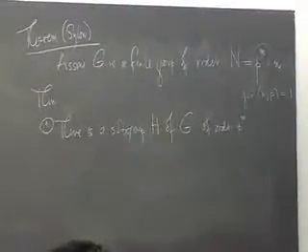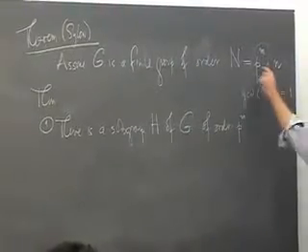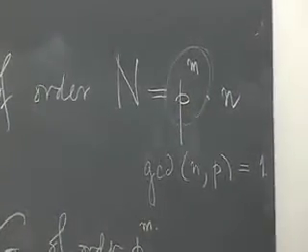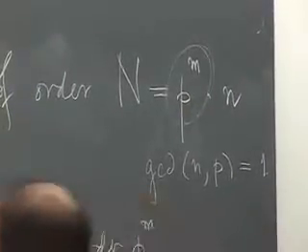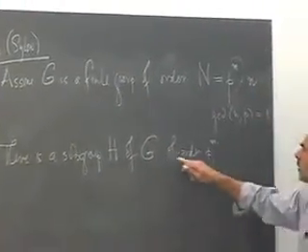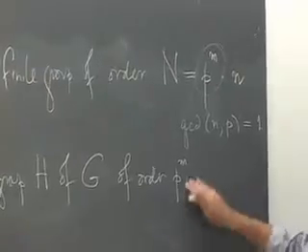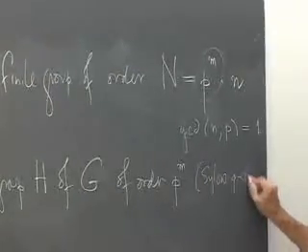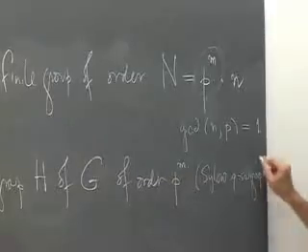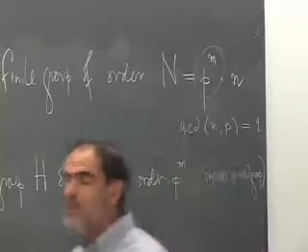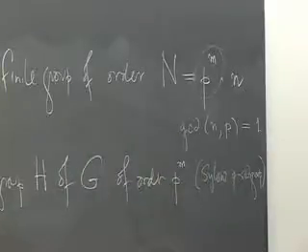In fact, you can always find a subgroup which has order the highest power of p dividing the order of the group. Okay? These subgroups, by the way, of order p to the m are called Sylow p subgroups. Sometimes you omit the p if you know what prime you're talking about, just a Sylow subgroup.